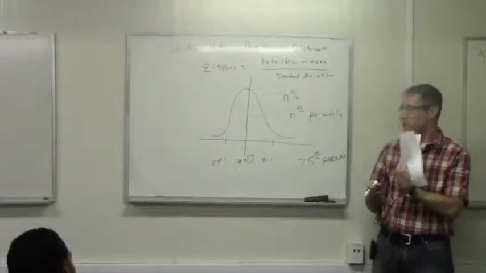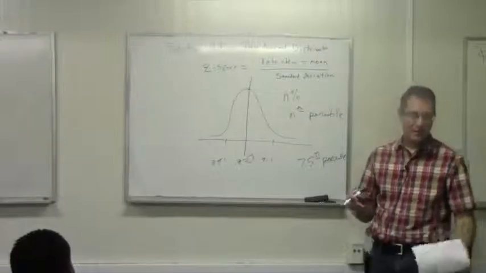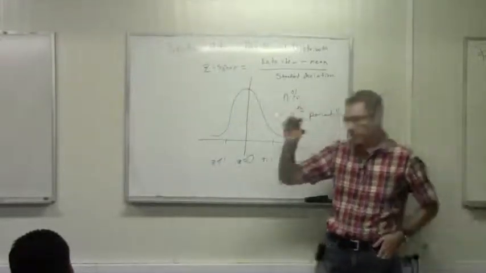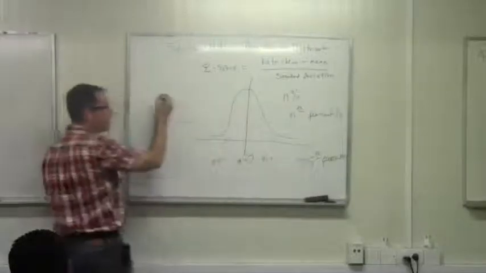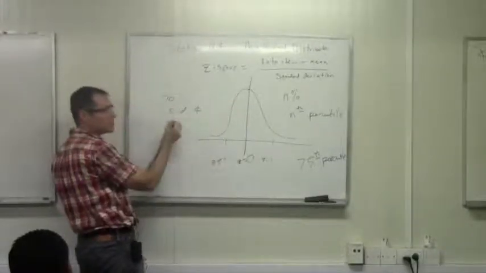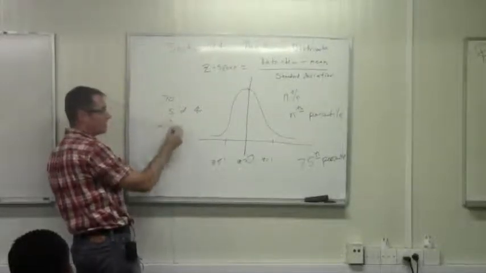You can read it straight off the chart. Okay, so I could ask you that. We could do the same exact example before with the heights. 70 inches with a standard deviation of 4 inches. Okay? 62 inches is what percentile?